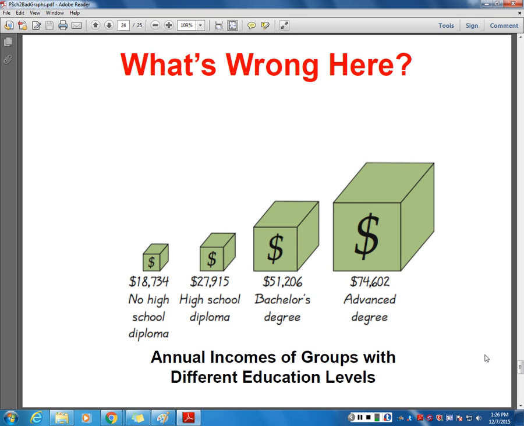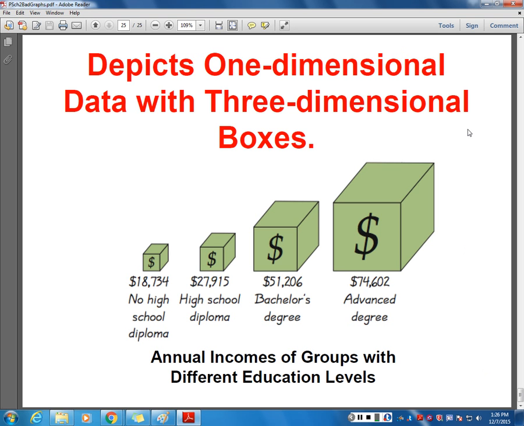The difference in this graph, this is a pictograph, is a little more subtle. These are annual incomes of groups with different education levels. What's wrong with this is that it depicts one-dimensional data with three-dimensional boxes. So if I were to look at the smallest box, 18,734, and compare that to the largest box, 74,602, well, the difference is almost 4 times as much.